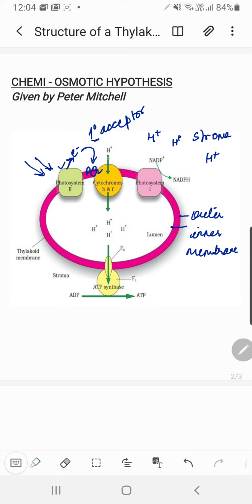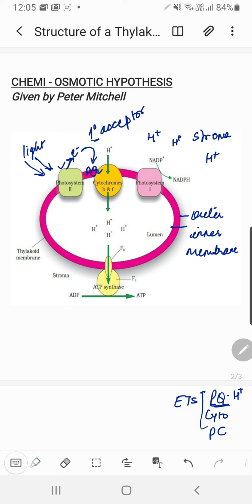You know very well, I have always told you that an electron transport system contains PQ, cytochrome and PC. So these are hydrogen carriers, proton carriers basically, right? Again I am telling you that light falls on photosystem 2, the reaction center gets excited, and the electron is released.